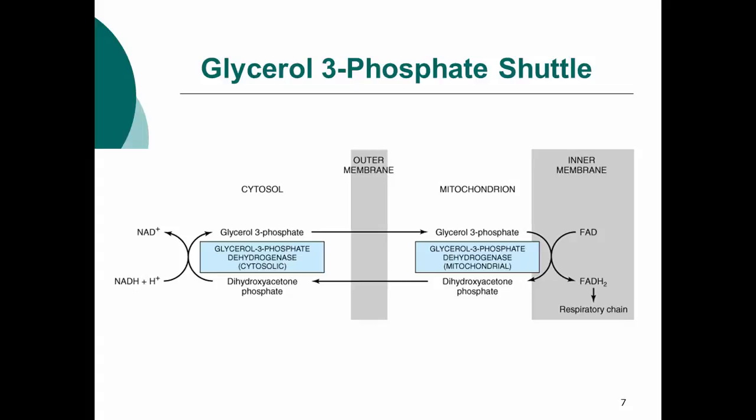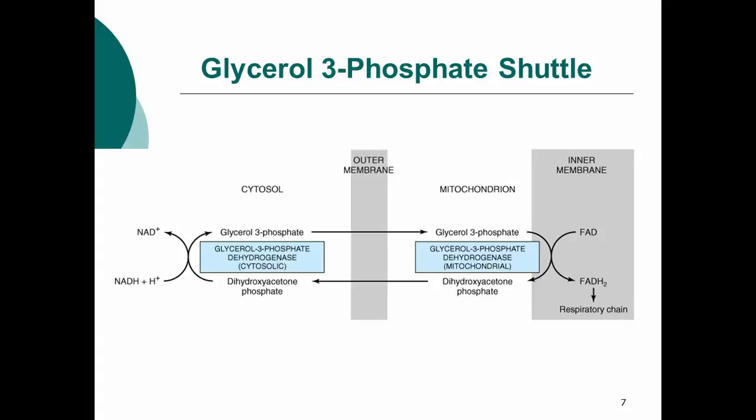Because FADH2 only produces 2 ATPs, right? FADH2 transports electrons to complex 2, and then 3 and 4, so it only produces 2 ATPs. So if NADH generated from glycolysis is transported through the glycerol 3-phosphate shuttle system, it's only able to produce 2 ATPs.